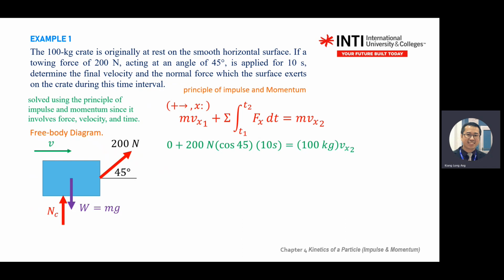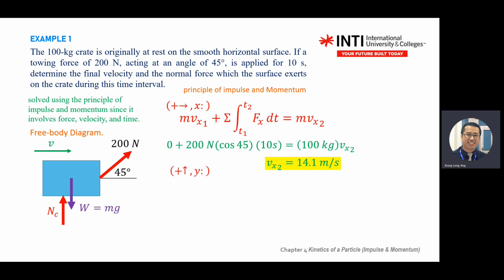Again, change all the mass into kilograms, because sometimes the question will put megagram or milligram and so on. In this equation, there's only one unknown. You solve for Vx2. Vx2 is a vector, so you get your first vector for velocity.